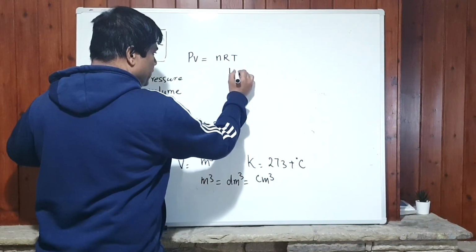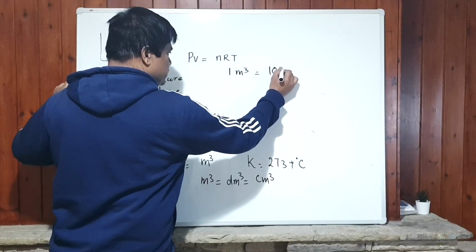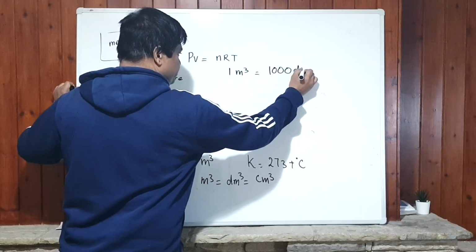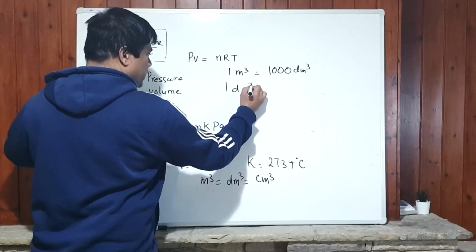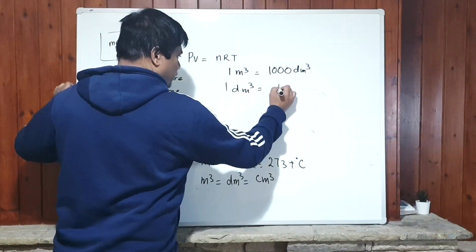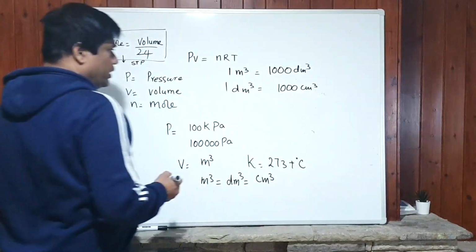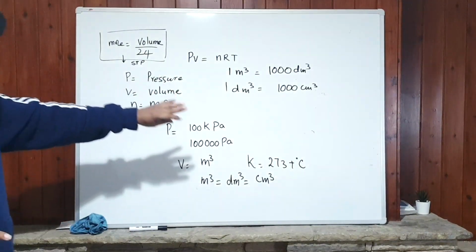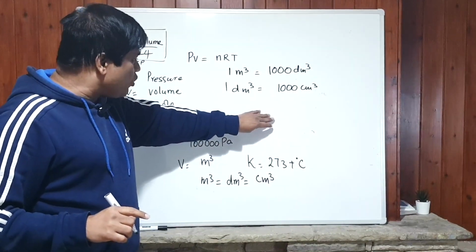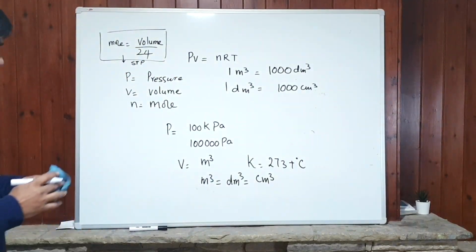So 1 meter cube equals 1000 dm cube. 1 dm cube equals, again, 1000 centimeter cube. I will go back in the reverse way. This is the easy way. We can do the conversion, but when we have to go back, some students get confused. Let's see how we can go back.